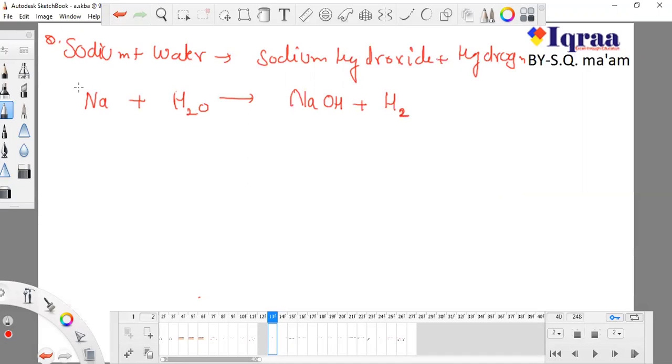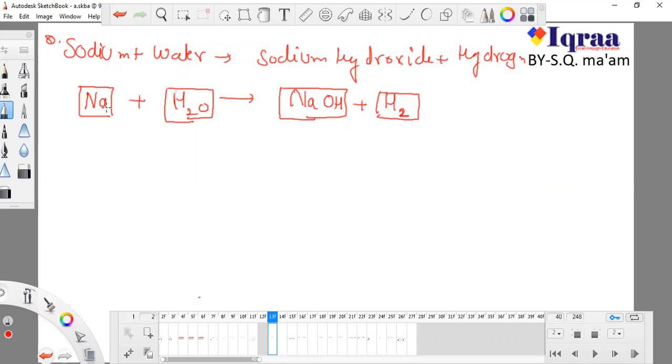Now I need to balance this. Before balancing, I told you one thing. We are not allowed to do anything inside the bracket, and we are not allowed to do anything at the right side of the bracket because it can change the formula.